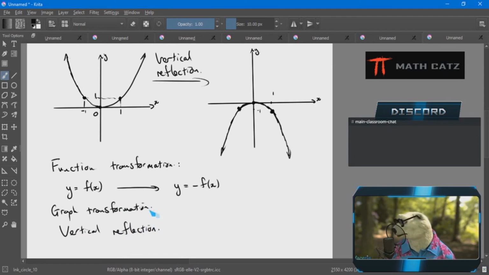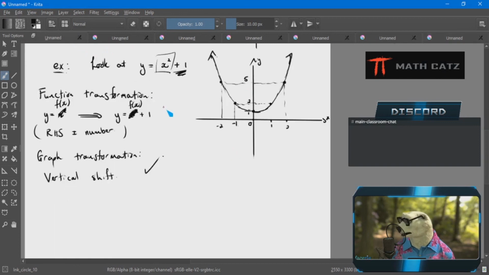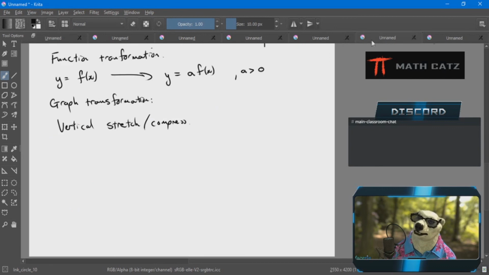Now, the reason I call it a vertical reflection and not a reflection in the x-axis, though you are welcome to, if I look back, we have a lot of tabs open here. Very first one: when I changed the right-hand side by adding or subtracting a number to it, it was a vertical shift. When I took the right-hand side of the function and multiplied it by a positive number, it was a vertical stretch or compression.